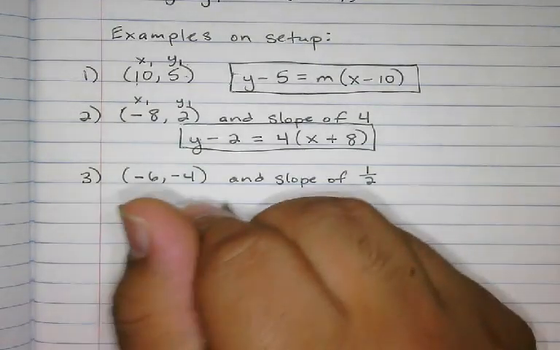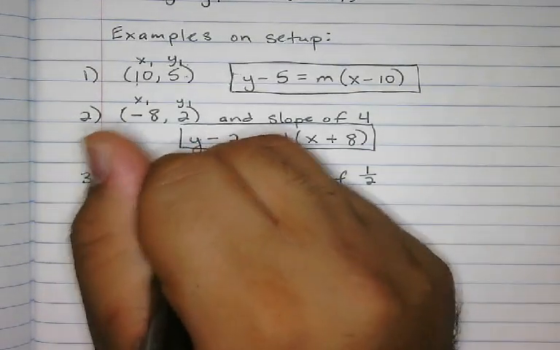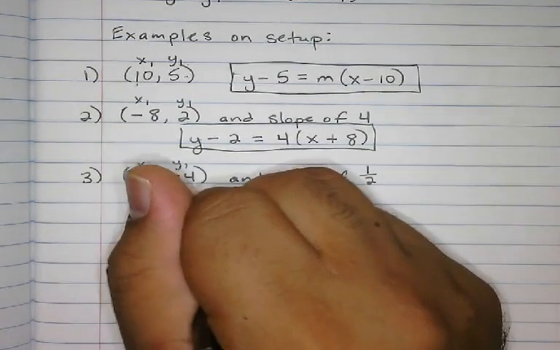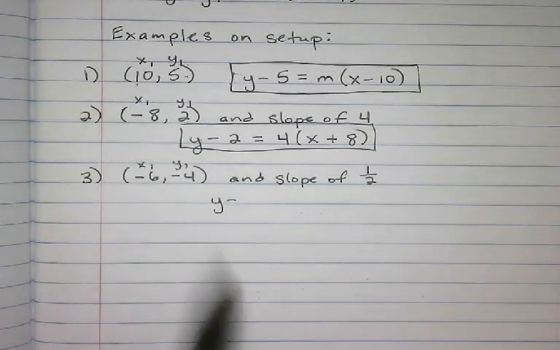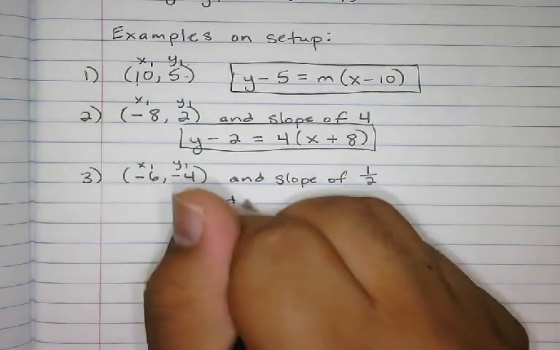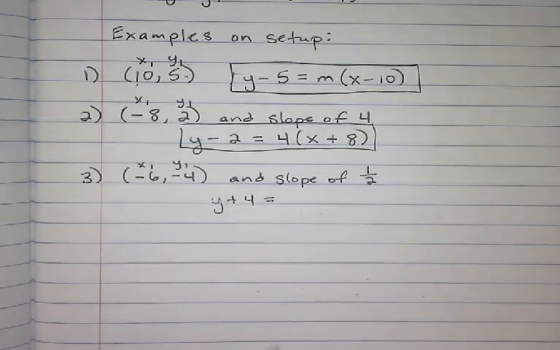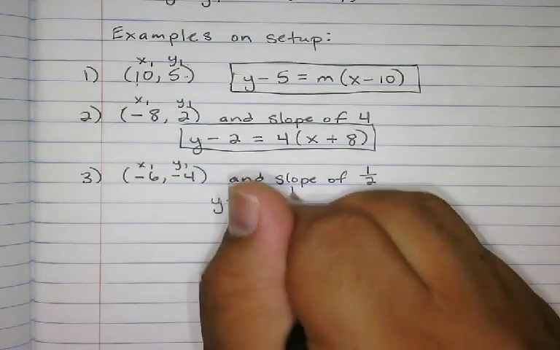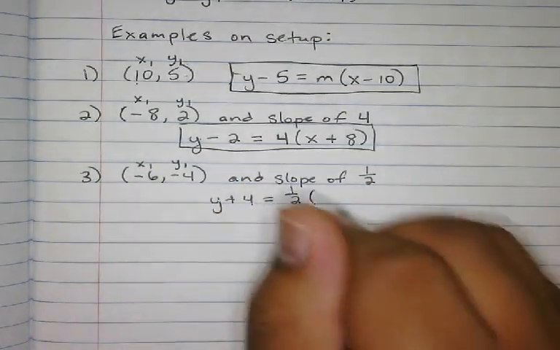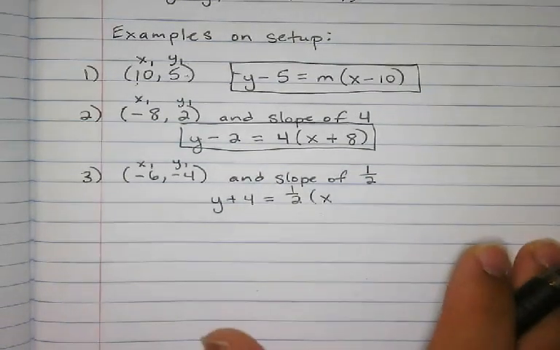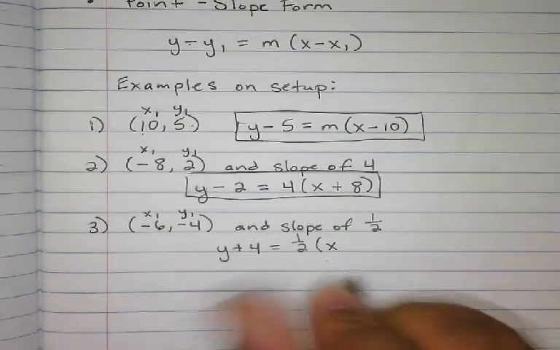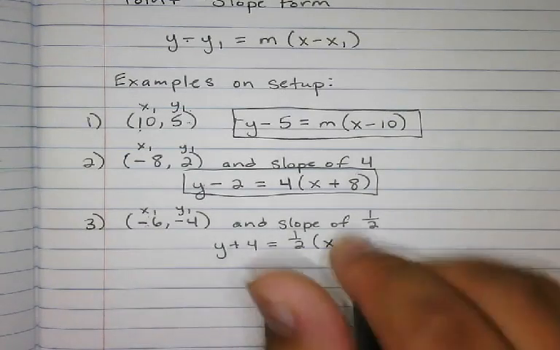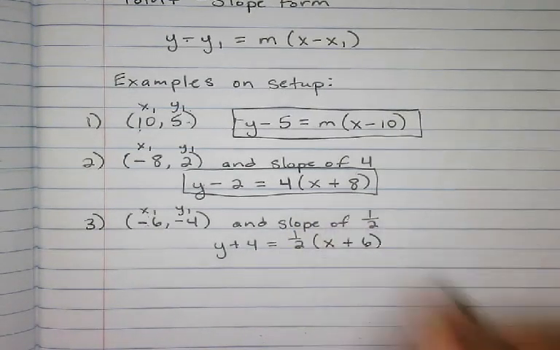So I'm going to label it x1, y1. So I'm going to have y minus y1, -4, so I change this, so it's plus 4, equals m, which is my slope, 1/2, so 1/2 times x minus x1, which is -6, so I put plus 6.